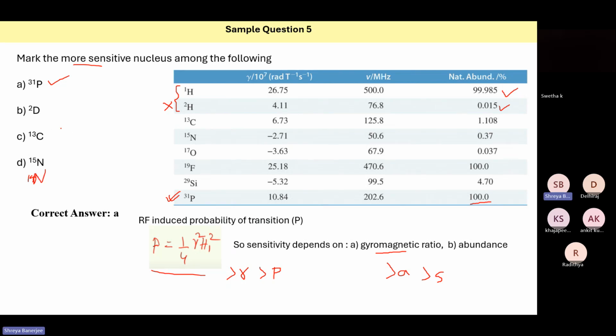Carbon has 13C, it also has 12C. Deuterium is 2H, and there is 1H. All these three have isotopes, so the natural abundance is low. It is only 31P that has no isotope, and so the natural abundance is very high. And because of that, it is the most sensitive nucleus.